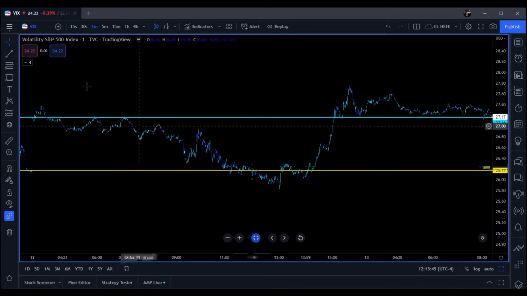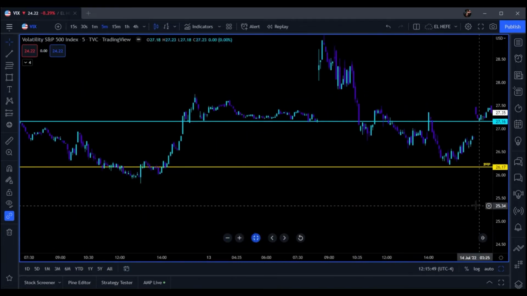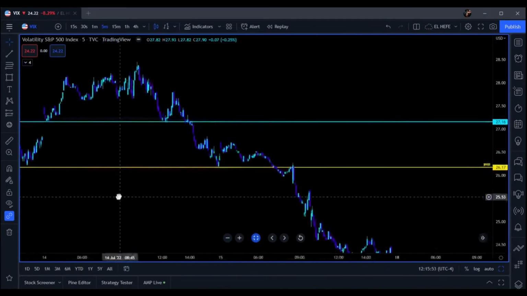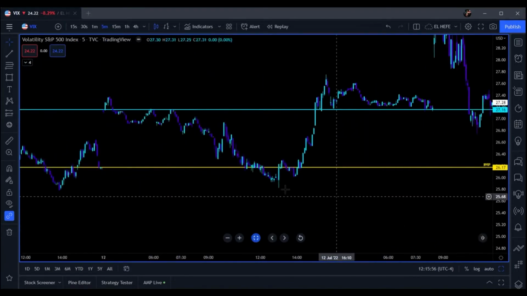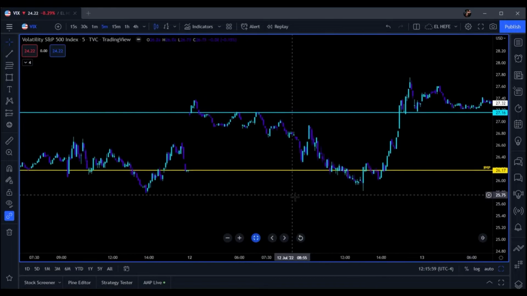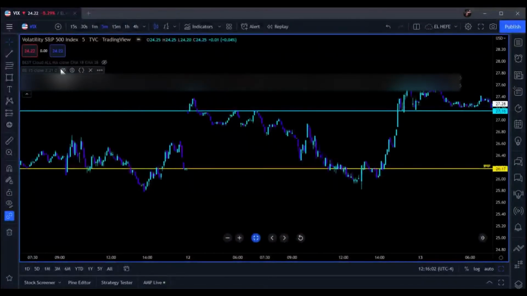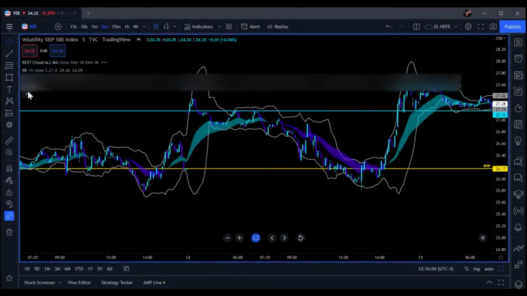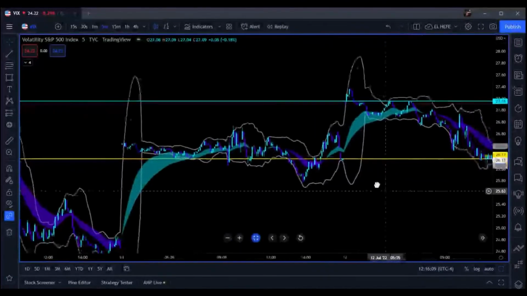Let me go to a 5-minute chart, make it easier to see. Yeah, this is the clarity of a 5-minute chart. Let me turn my stuff back on so I can see what I would do. Okay, I didn't have anything.